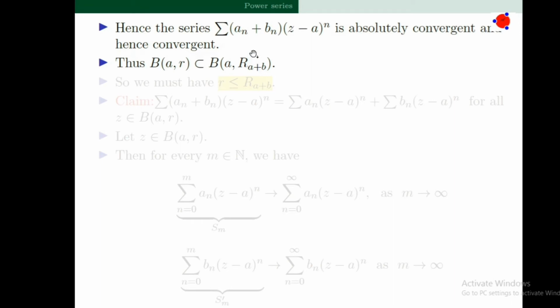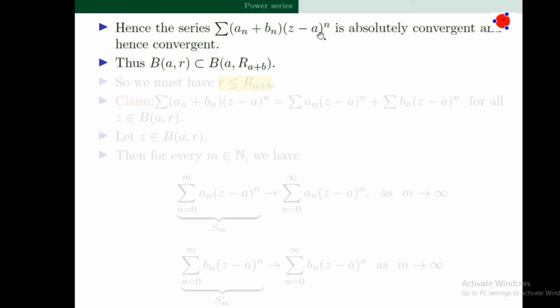Hence the series sigma (an plus bn) into (z minus a) the whole raised to n is absolutely convergent, and hence convergent. So if we take any arbitrary element in the open disk with the center a and radius r, then the power series sigma (an plus bn) into (z minus a) the whole raised to n is absolutely convergent.